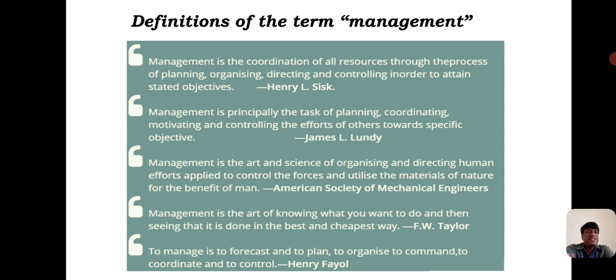Just now we have discussed this. When you say management, it is a process of various functions like planning, organizing, directing, and controlling. I told that there are four basic functions of management. So it is a process of planning, organizing, directing, and controlling in order to attain the stated objectives.